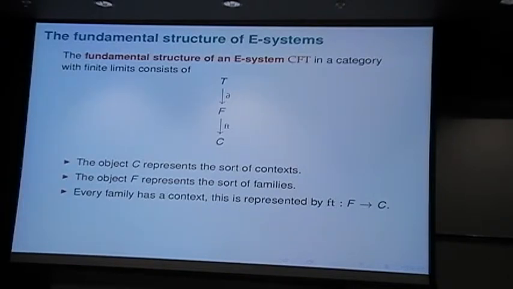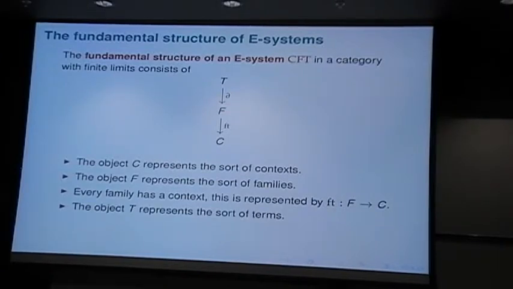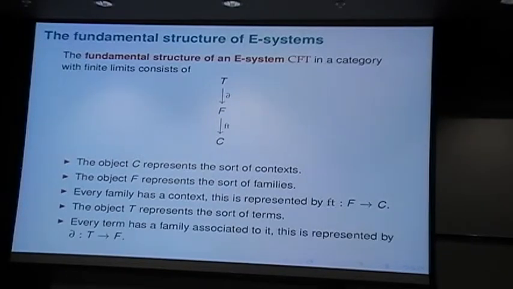You have a morphism FT from F to C. And likewise, you have the object of terms T, and delta says of which family this term is a term, because terms always have a type.